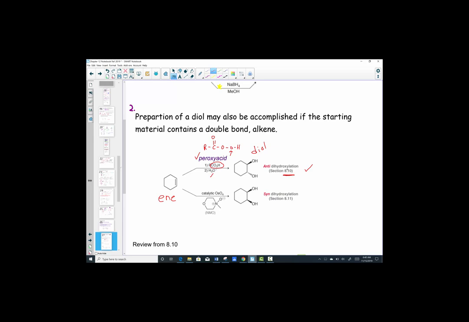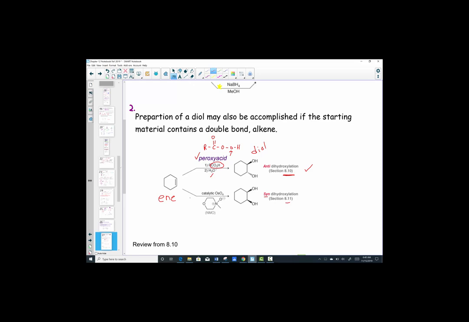Well, I have it down here, I'll show you, but it makes an anti-dihydroxylation. If we use an osmium-based compound, Os is osmium, and I made a joke earlier in class about Donnie and Marie Osmond, you create a syn dihydroxylation. That's section 8.11.